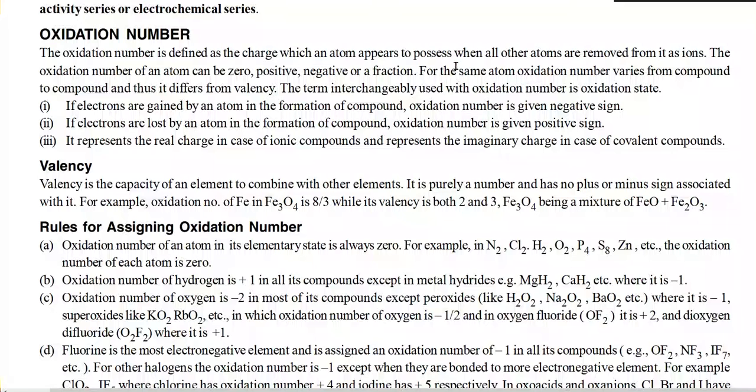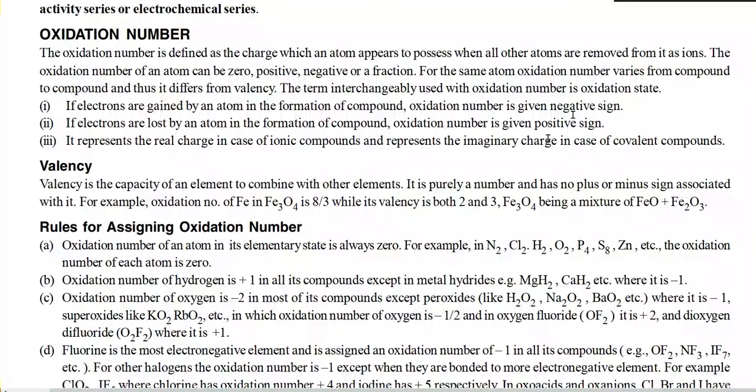From a molecule, if you remove all the other atoms except the one atom for which you want to find the oxidation number, the charge that will appear in that case is called oxidation number.